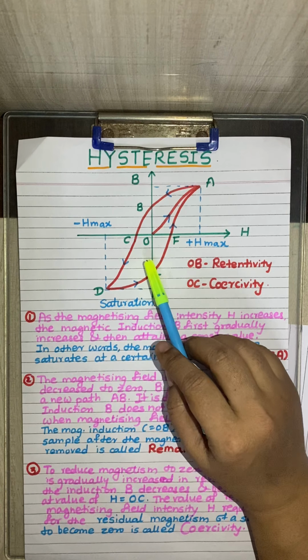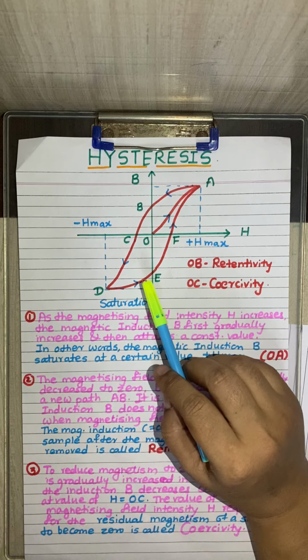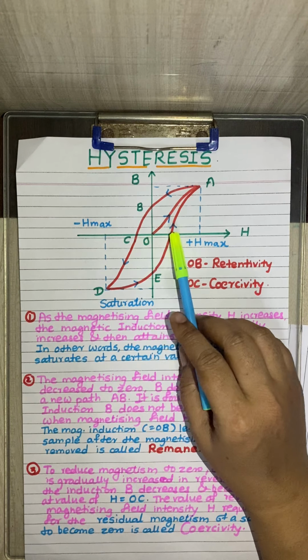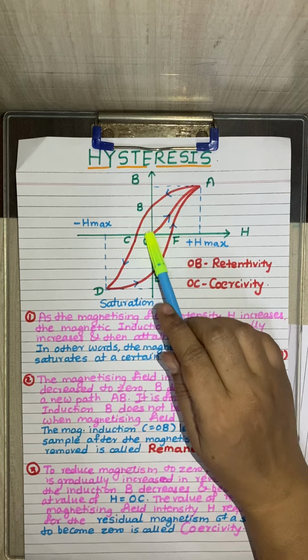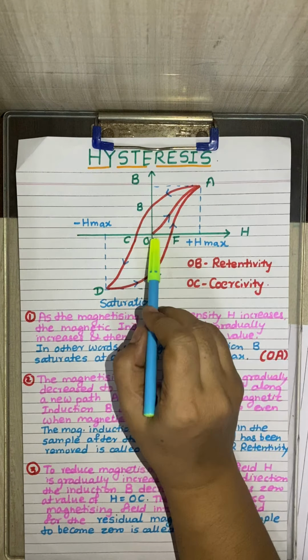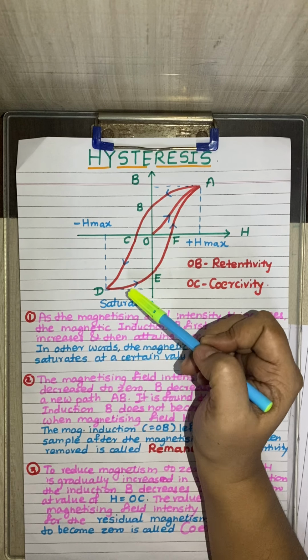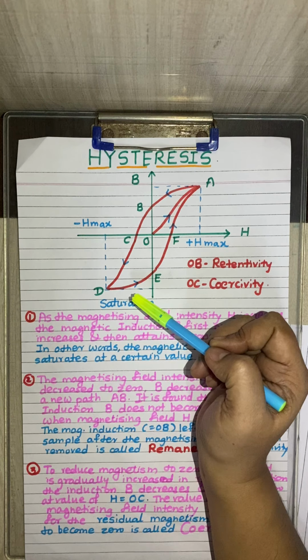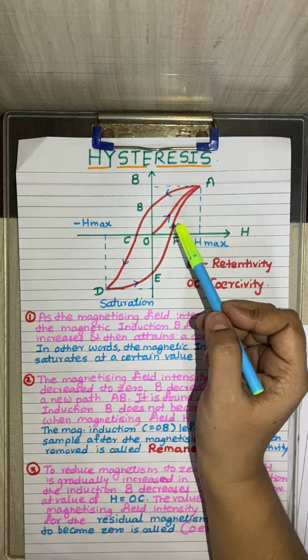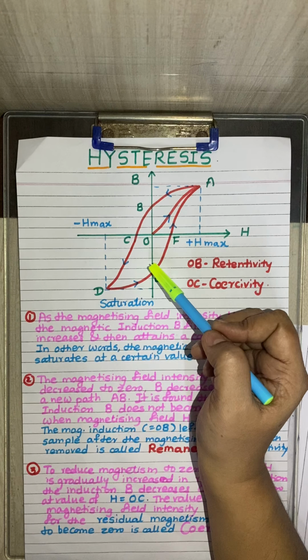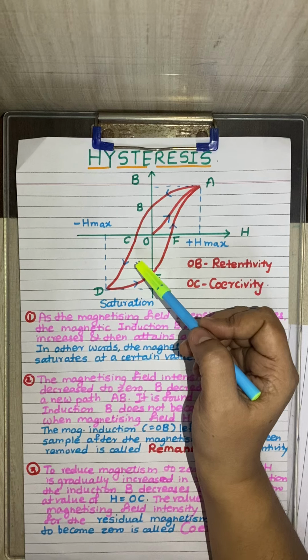The study of the hysteresis loop provides us information about the retentivity, that is OB, information about coercivity, and then the hysteresis loss of the magnetic material. This helps in proper selection of the material for designing the cores of transformers and electromagnets and in making permanent magnets, as I said.